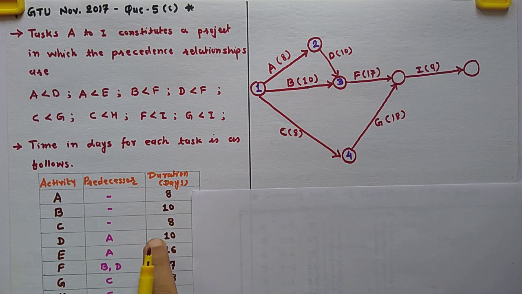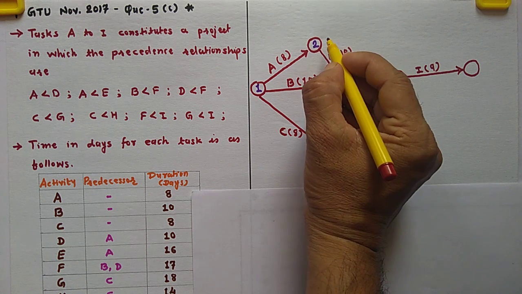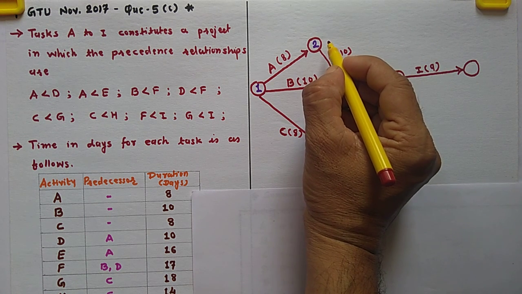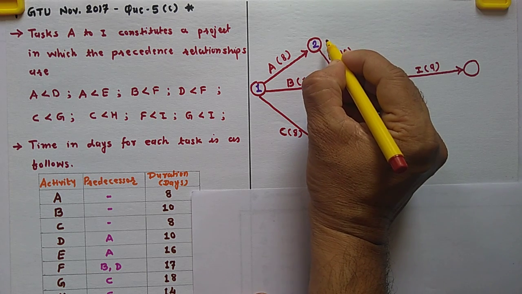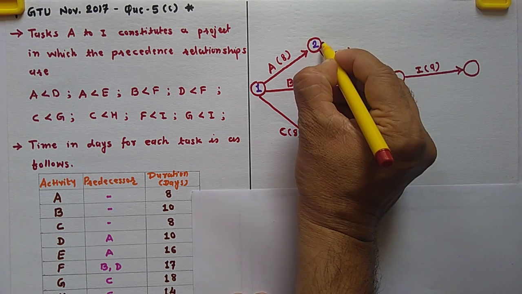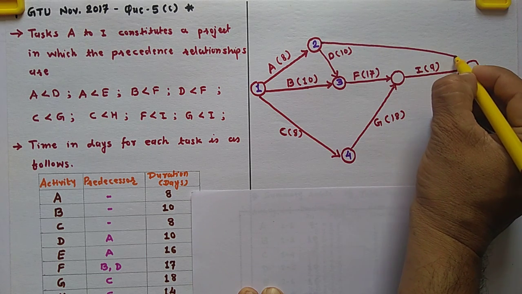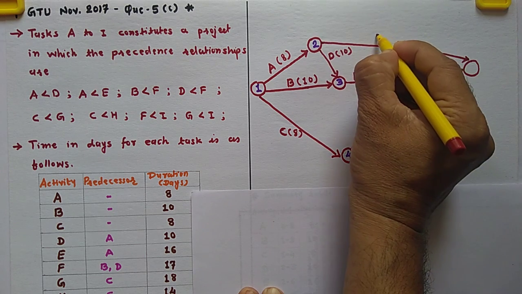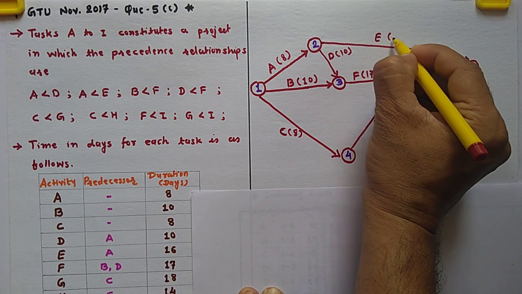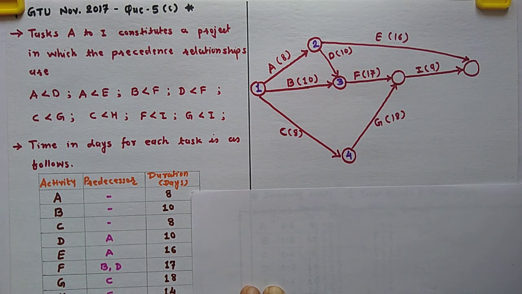Now I will draw the remaining activity E. The predecessor is A, so it should not be separate, so I will join that activity into the last event. I will start over here and join into the last event. This is activity E and the duration is 16 days.